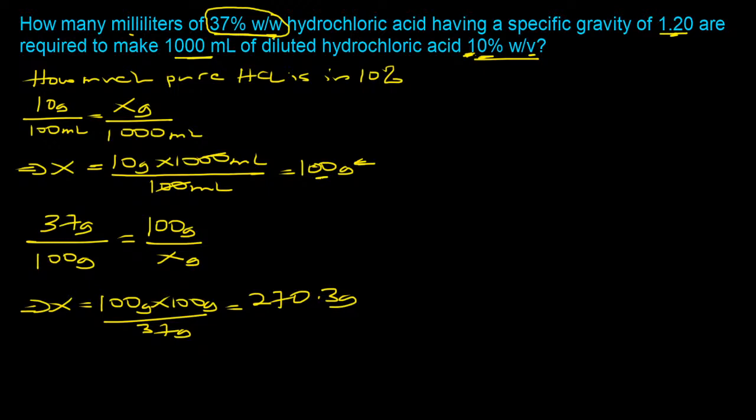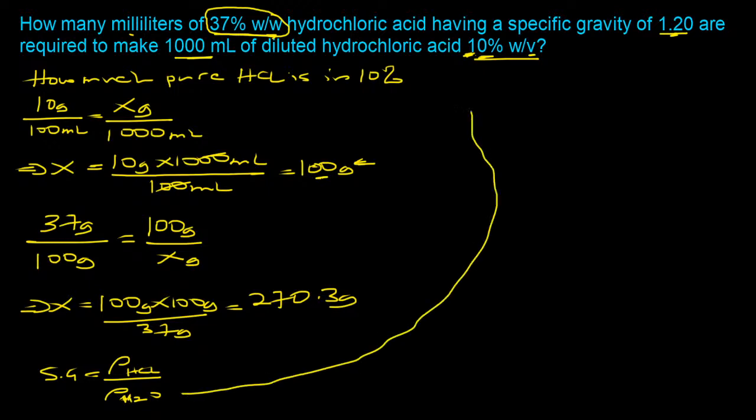So the way we will do that is we will recall that specific gravity is equal to the density of the substance, in this case HCl, divided by the density of water, which is H2O. And what that would imply is that the density of HCl is equal to the specific gravity times the density of the water.